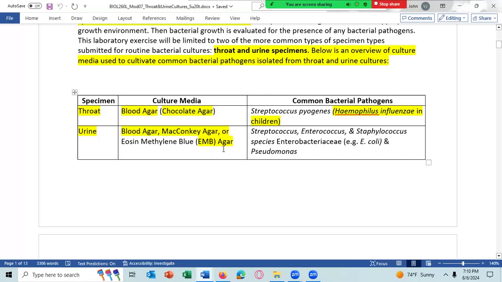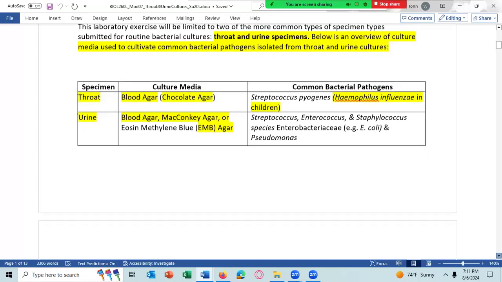We're looking for various Streptococcus species, Enterococcus species, Staphylococcus species, and members of the family Enterobacteriaceae, especially E. coli, as well as members of the family Pseudomonadaceae. These are all common bacterial pathogens isolated from urine specimens. Any question about any of that?